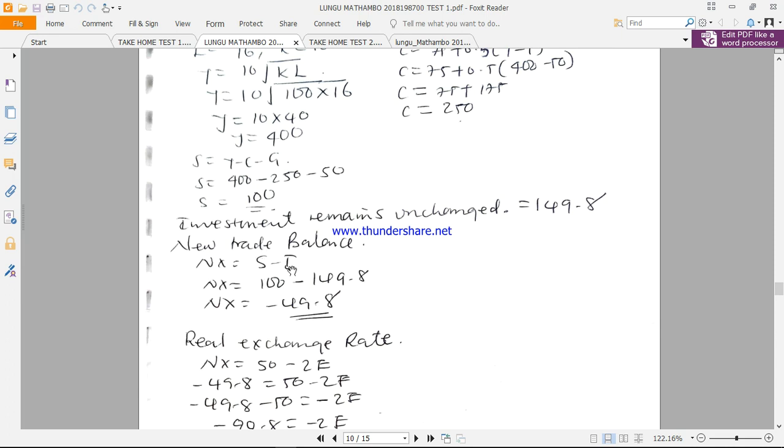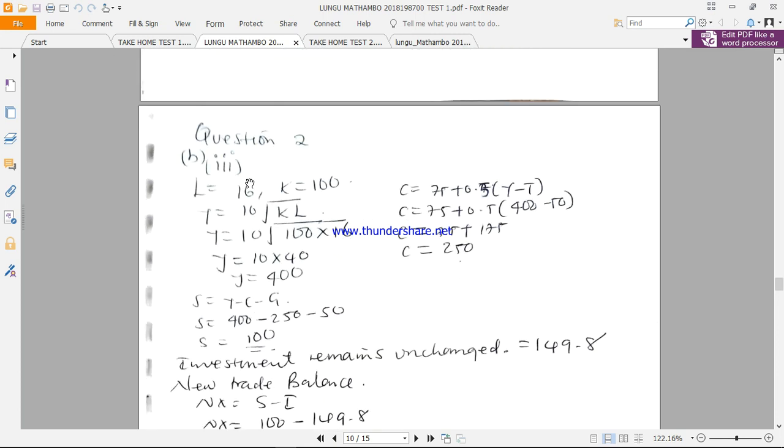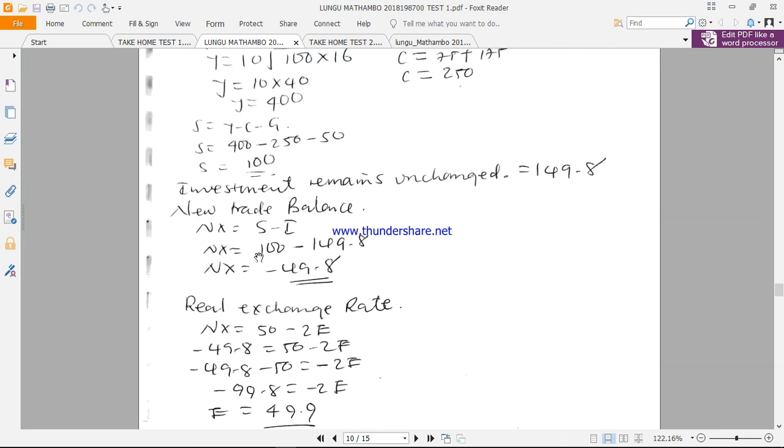It is savings minus investment, but savings in this case have reduced. What we are seeing is that our level of output has reduced because of a reduction in labor, and we are now running a deficit.